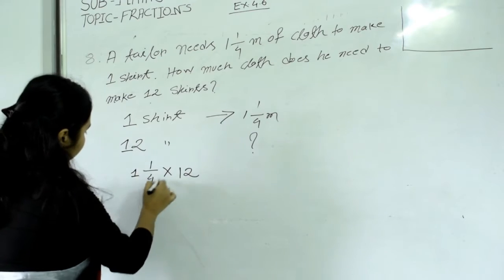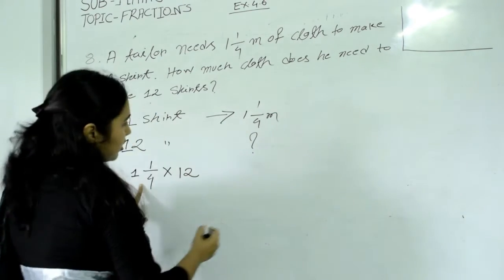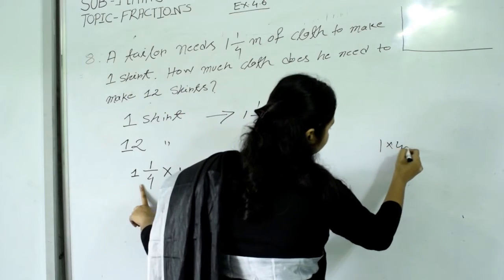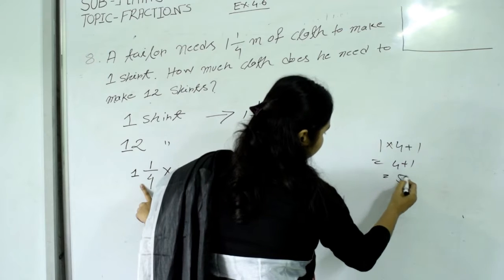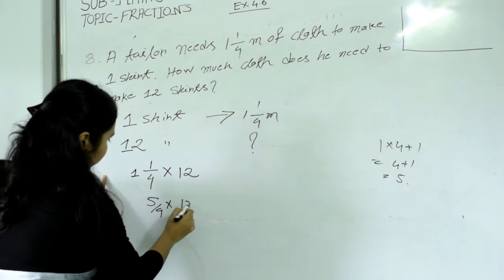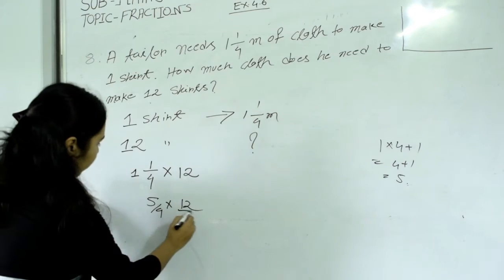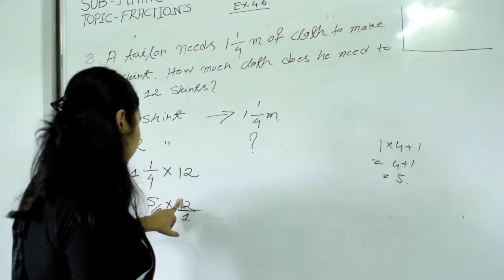Okay, so first convert this mixed fraction into an improper fraction. So 4 into 1 plus 1. 4 1s are 4 plus 1 is equal to 5. So 5 by 4 into 12. Again place here 1 as the denominator because 12 is a whole number.